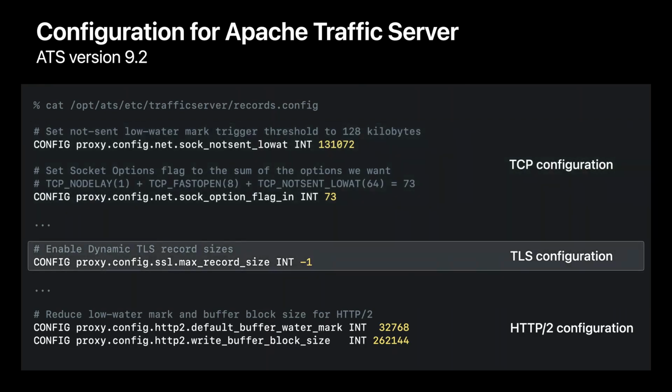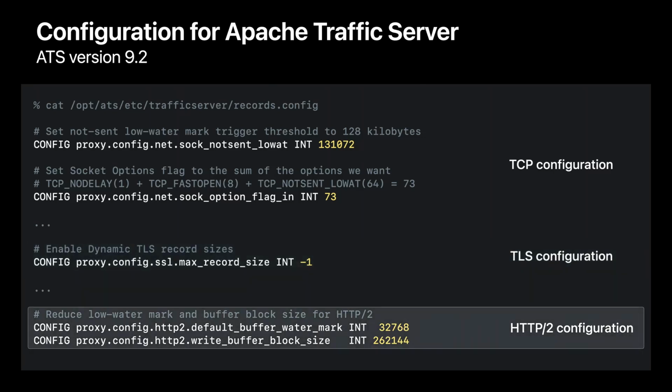For TLS, we enabled dynamic record sizes, and for HTTP2, we reduced the low watermark and buffer block size. We recommend using these configurations for your Apache Traffic Server. And if you are using a different web server, look for its equivalent options.